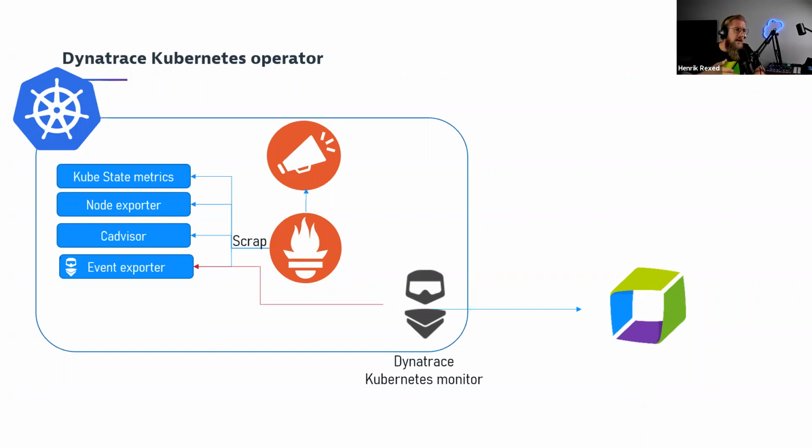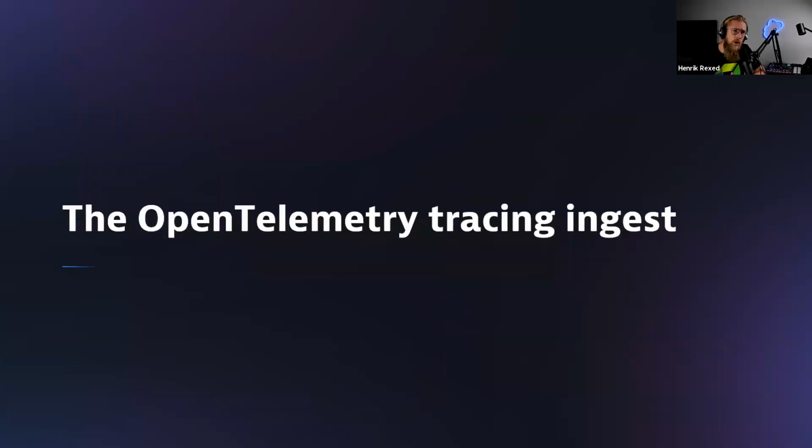You will have to add annotations to your deployments, similar to Prometheus. And once you have added it, Dynatrace will naturally reach out to the exporter directly, not the Prometheus server, and send over the metrics to Dynatrace. So that's the first way of doing it.